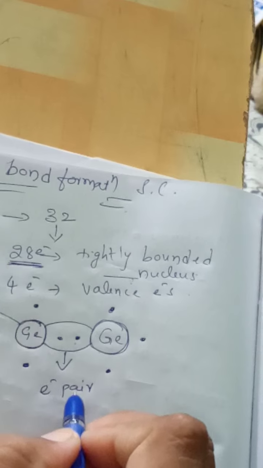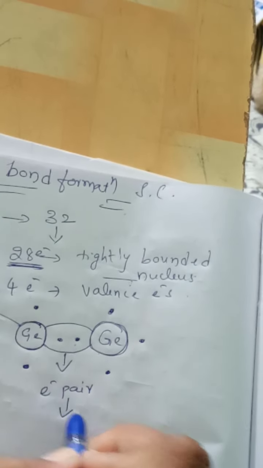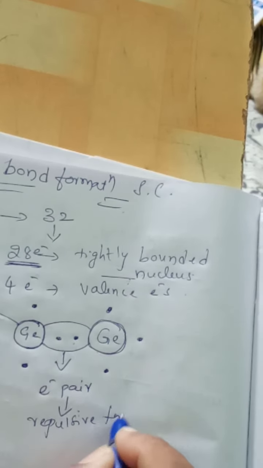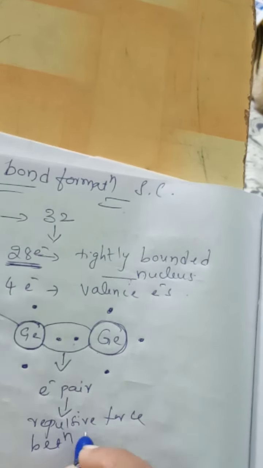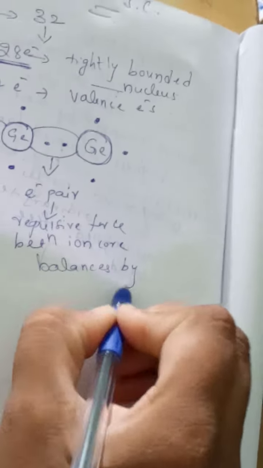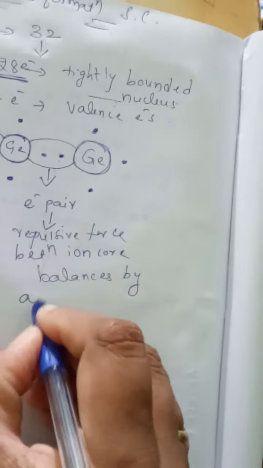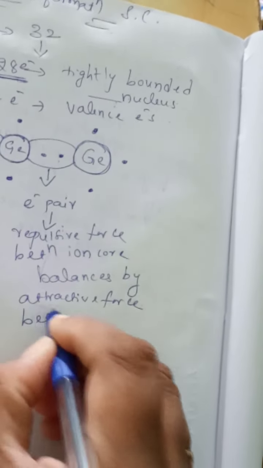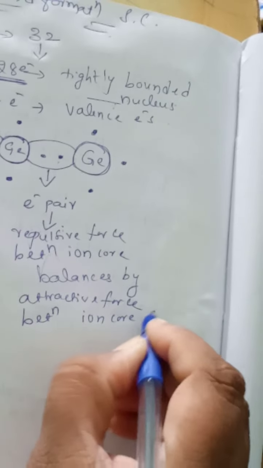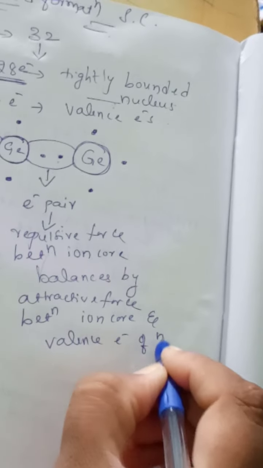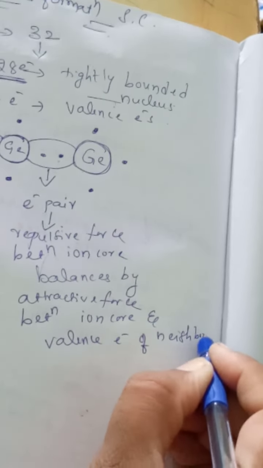An electron pair is formed when the repulsive force between ion cores is balanced by the attractive force between the ion core and the valency electron of the neighboring germanium atom.